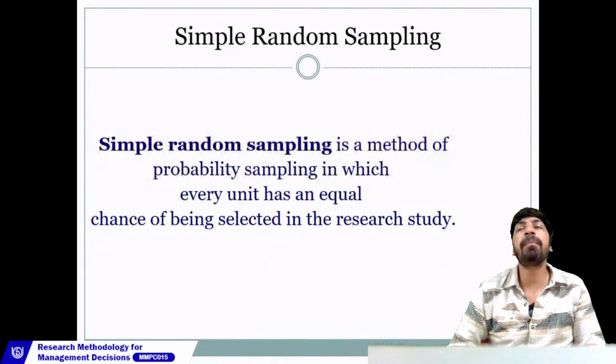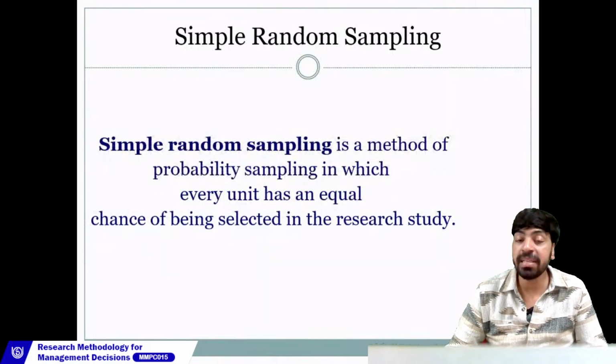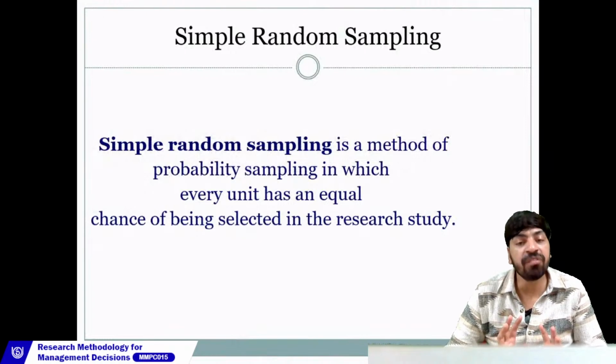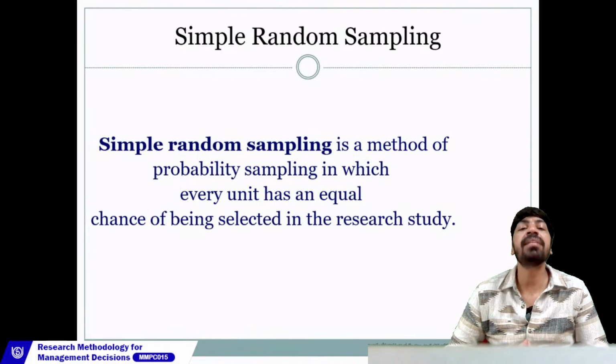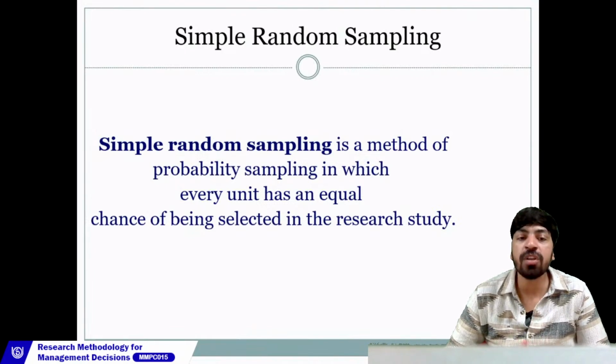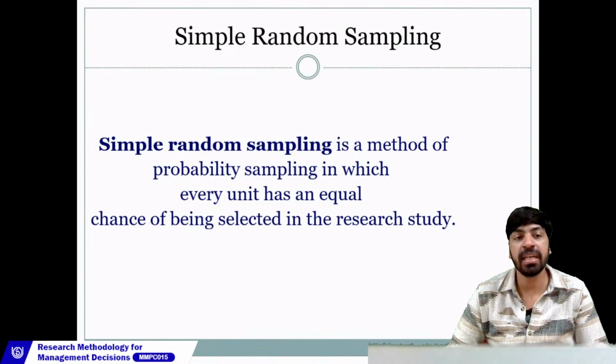Simple random sampling is a method of probability sampling in which every unit, every participant or every individual has an equal chance of being selected in a research study, and that's called simple random sampling.